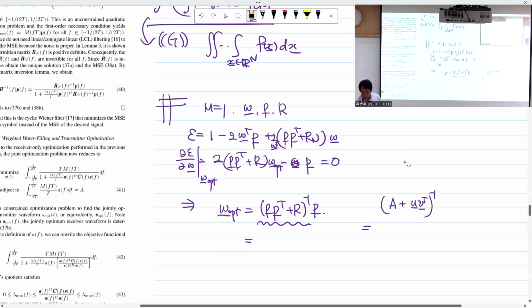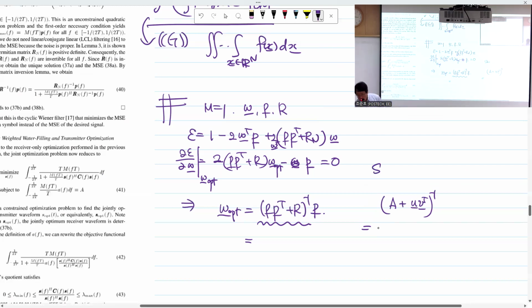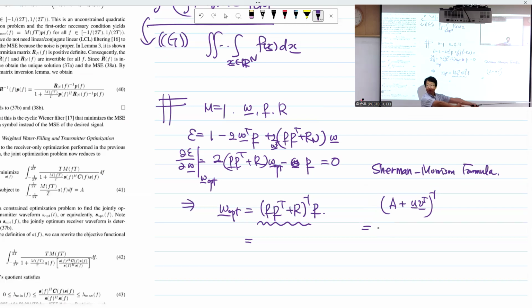And the first persons who found a matrix inversion lemma for this special matrix inverse are Sherman and Morrison. So it's called the Sherman-Morrison formula. But it's simply the most general version's extremely simplified version.